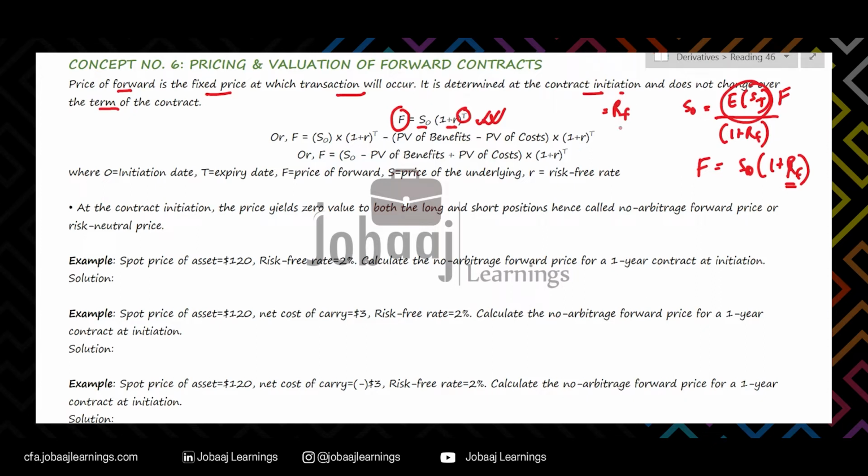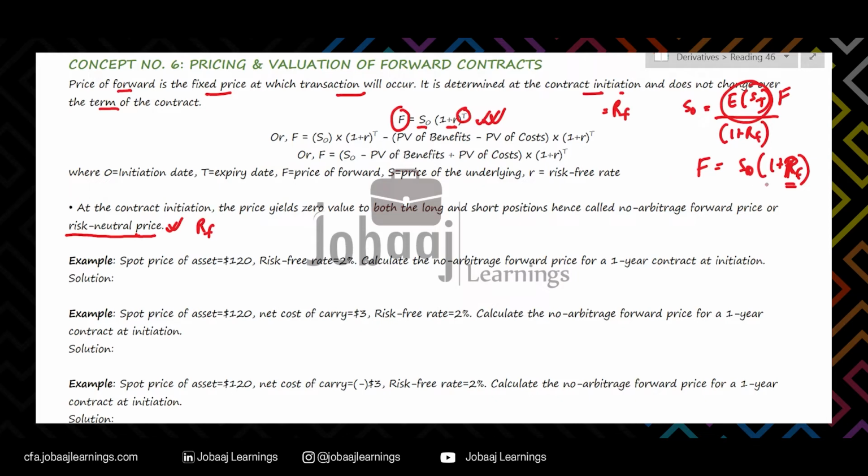So in the derivatives market, all the instruments are priced in a way that it is a risk-neutral price. Remember concept number 1 where we saw that risk-neutral investors only expect the risk-free rate of return. And this is why in the derivatives market, no matter what the instrument is, be it futures, swaps, etc., in each and every case we are going to take the risk-free rate. Okay.